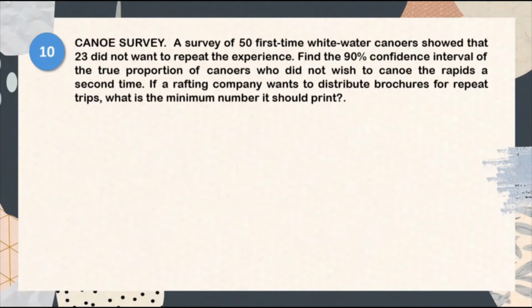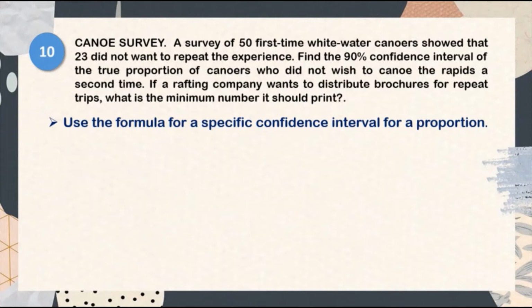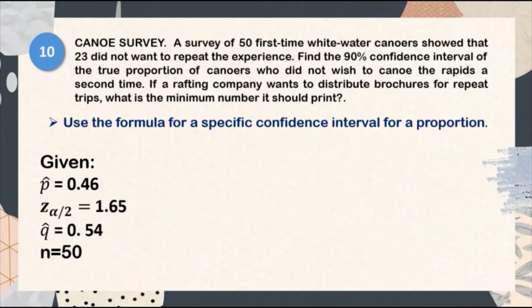Then next, we need to use the formula for a specific confidence interval for a proportion. So these are the given values. P hat is equal to 0.46, z sub alpha over 2 is equal to 1.65, q hat is equal to 0.54, and n is equal to 50. So this is the formula, so let's substitute all the given values.